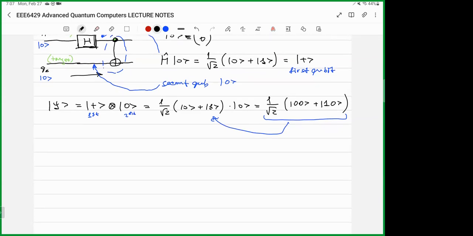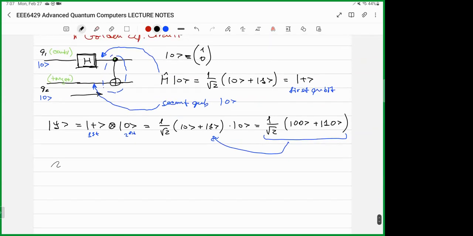The CNOT gate applies on this 1 over square root of 2 times (00 plus 10) state. What will I get? 1 over square root of 2, of course, and then the upper is the control. For the first term, the control is 0, so my target doesn't change.